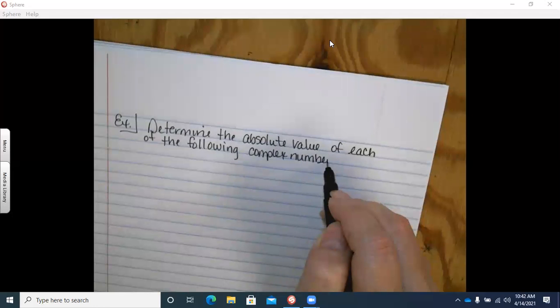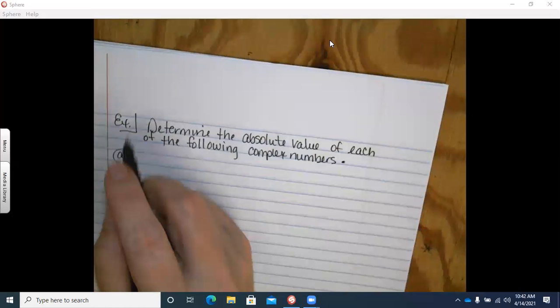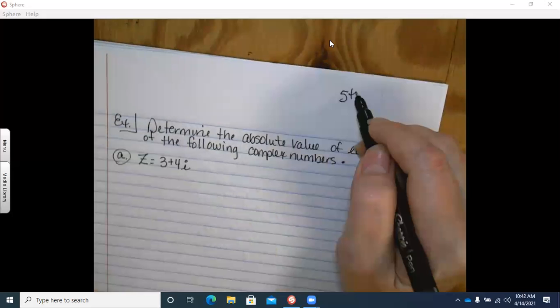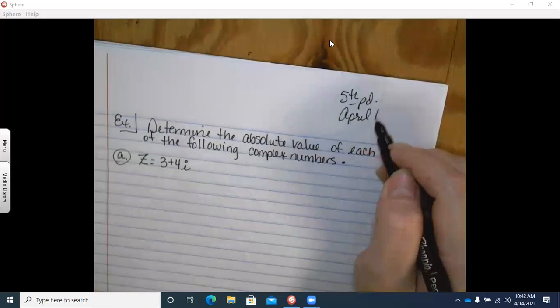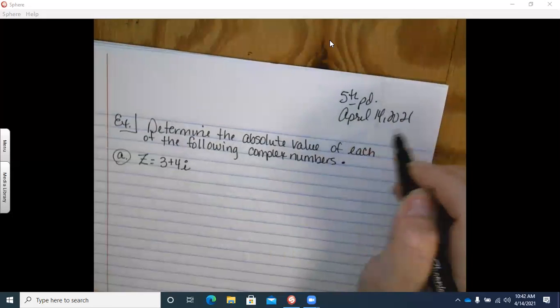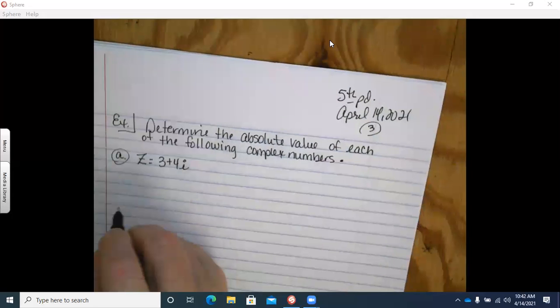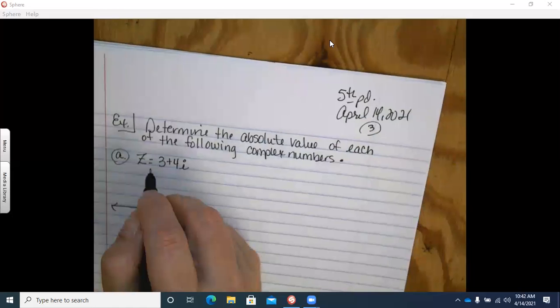Part A, z equals 3 plus 4i. Not that you have to graph it each time. We're not going to, but we will on this first one. You don't have to do it to be able to solve the problem.